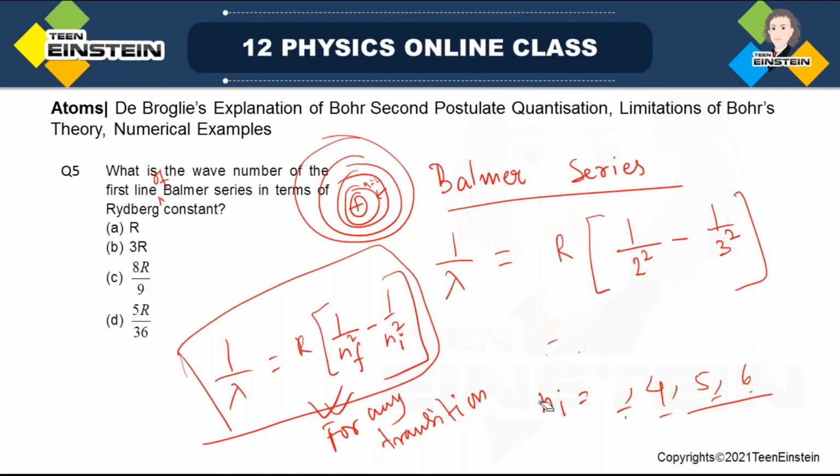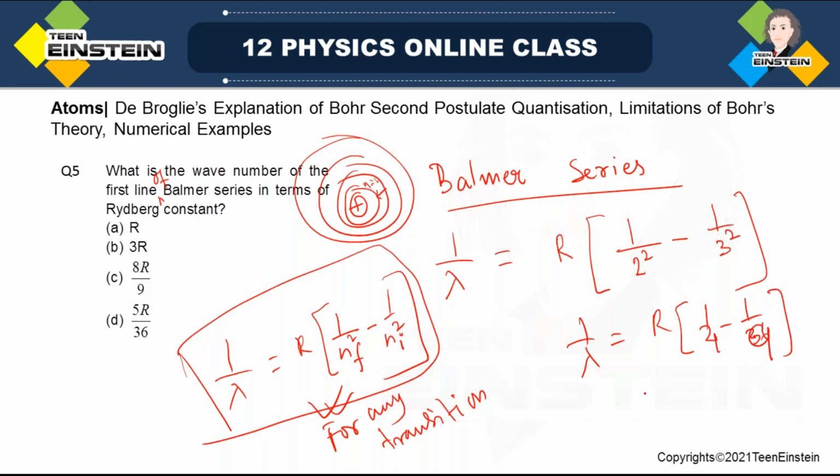Now you have to do this simple calculation. 1 over lambda is equal to R into 1 by 4 minus 1 by 9.